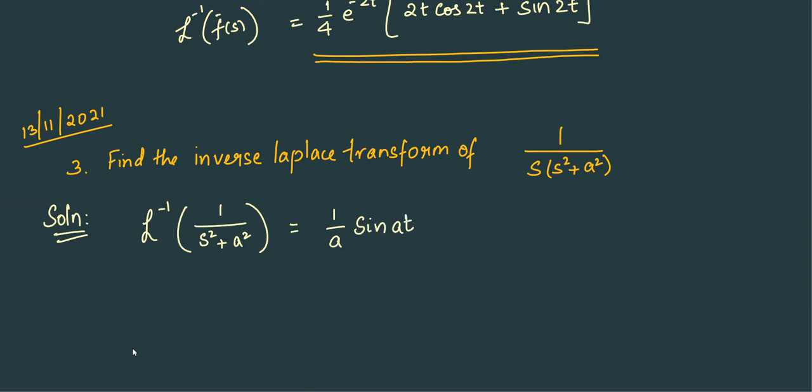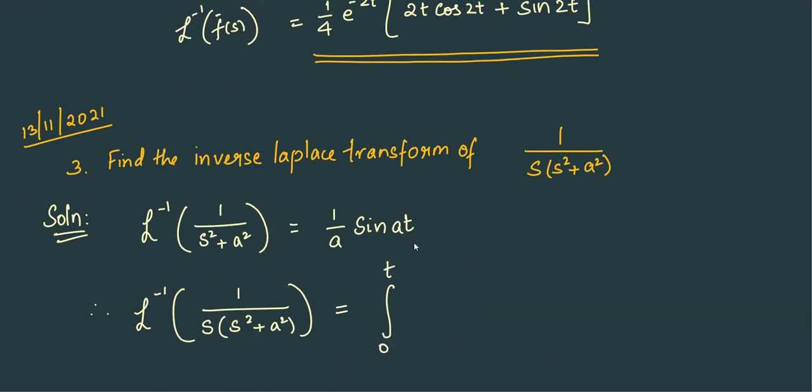So if it is division by s, so this thing is being divided by s, so I get 1 upon s into s square plus a square. So this will be equal to integral of 0 to t this function 1 by a sine au du.